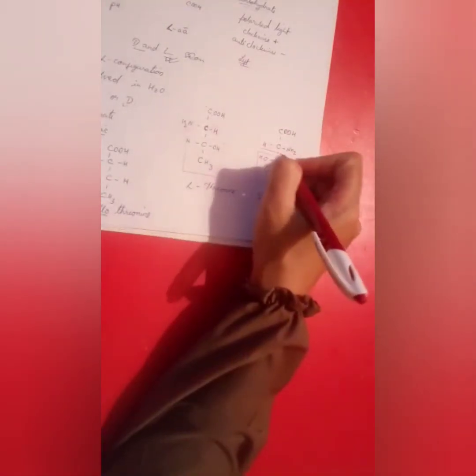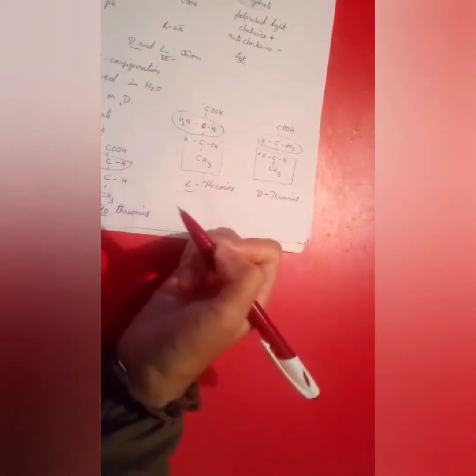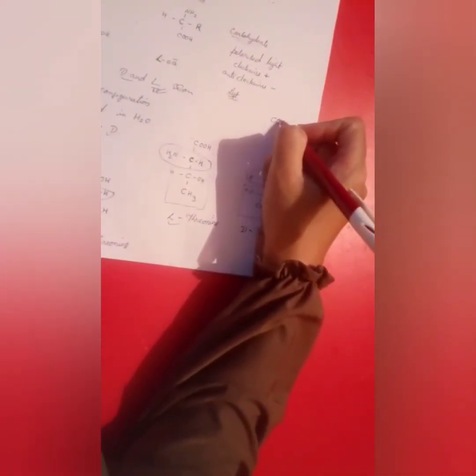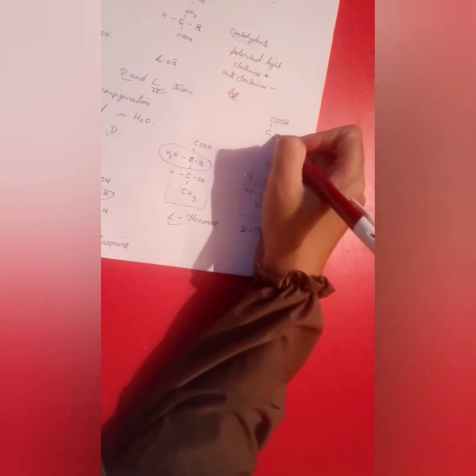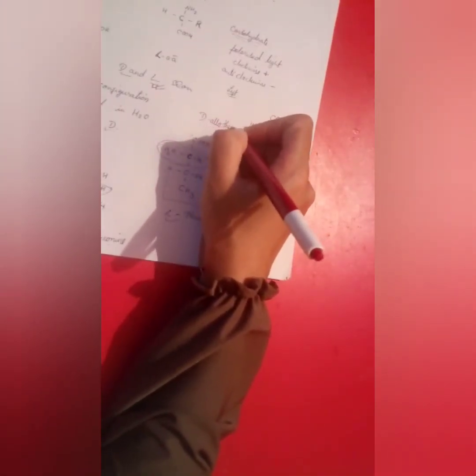Don't change this, because this is L-threonine, it remains the same, and in D-threonine this will remain the same. The NH2 group will be on this side and the hydrogen on this side. But in the case of allothreonine, the OH will be on the same side, the hydrogens are on the same side. So this is referred to as D-allothreonine.